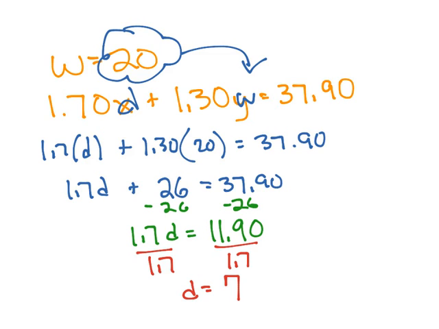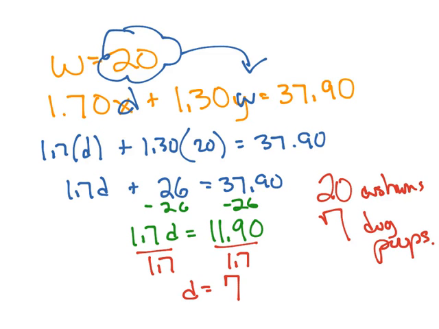So once again, we'll put this in context and recognize that we sold 20 cushions and 7 dog poops. Again, since it is a word problem, we're really looking at what these numbers mean, not a single coordinate pair.